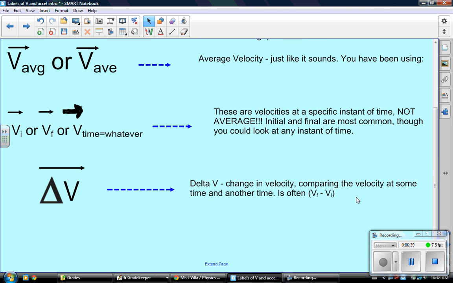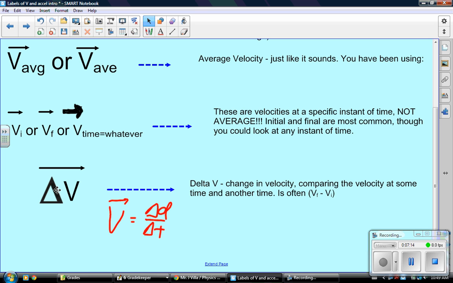And then there's this one. This one comes up every once in a while. Delta V. Now what does delta mean? Change. Change in. So this is change in velocity. Again, a common mistake I've seen is someone calculates the average using that formula there, delta D over delta T, and they must see all those deltas and think that this must be delta as well.